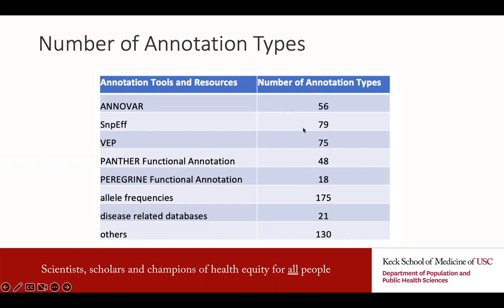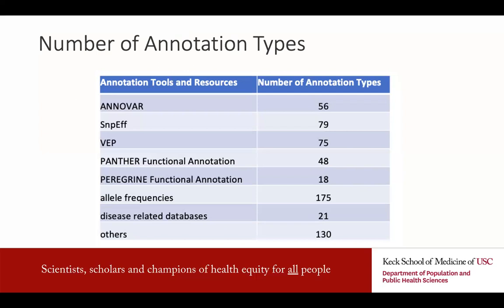And you can see there are many different ones, so the total is over 600 different annotation types. So you can go in and choose whatever you want. And this is actually the first time you can put all these annotations in one place, so that at your fingertips, basically, you can put in a SNP and you get like 600 annotations. Of course, it's hard to navigate through these 600, but you can take a look.